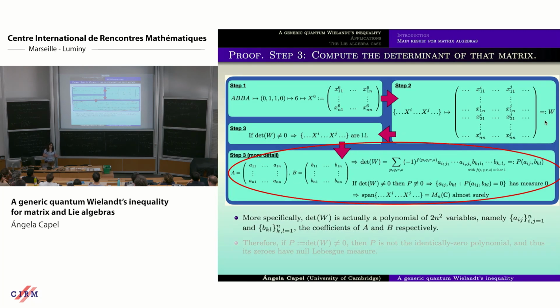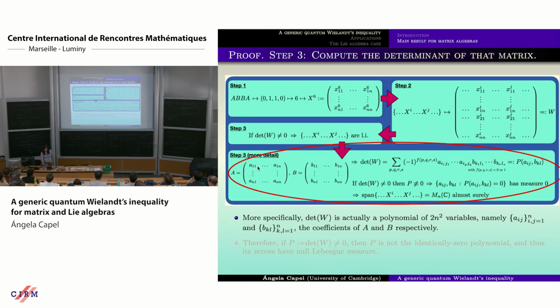And in a bit more detail, if we now put coefficients in the initial A and B, remember that we are taking all the elements X, so all these words, we are taking them as products of A's and B's, which means that all the coefficients that appear here, so all these X with subindices and superindices, are going to be combinations of A_ij's and B_kl's.